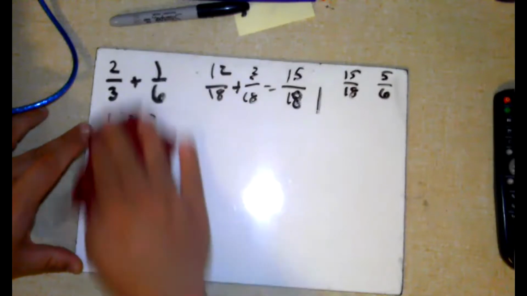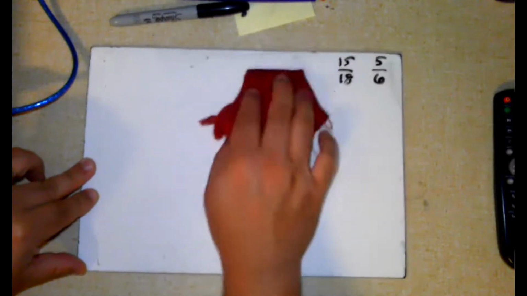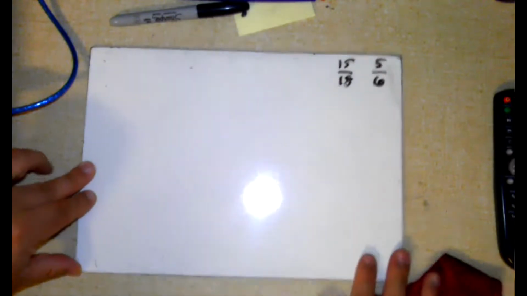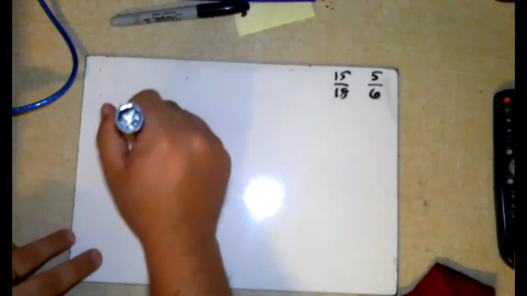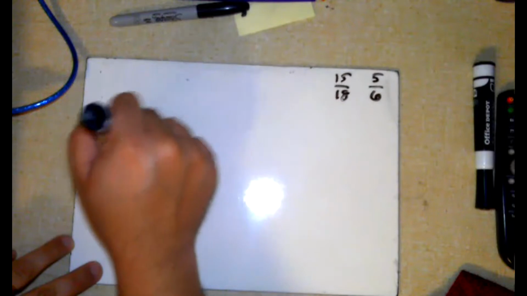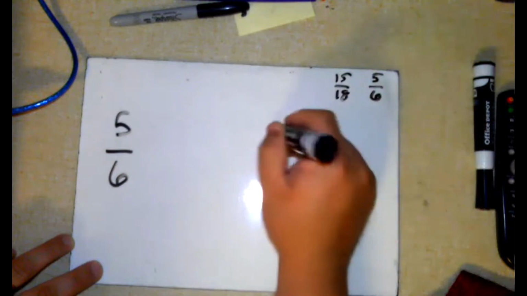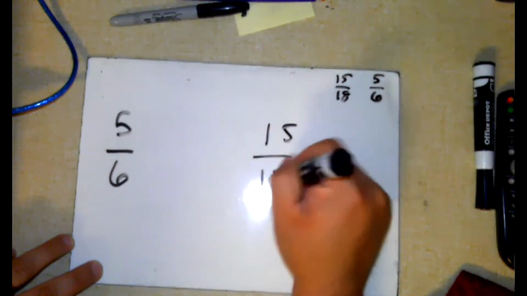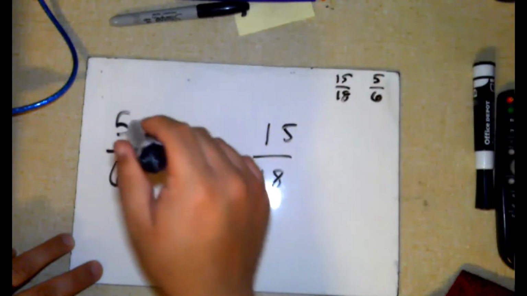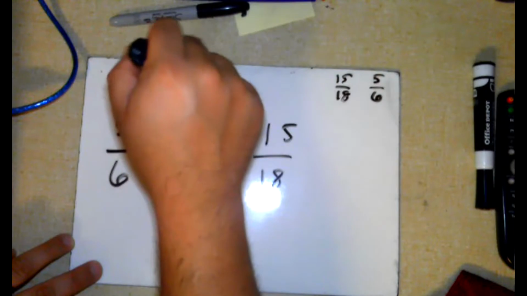However, if you were to put it in and get it wrong, it's because sometimes the computer wants the simplest form. So let's go ahead and look at simplest form. We got 5/6. We got 15/18. So how do we go from 5 to 15? You multiply by what number? 3.